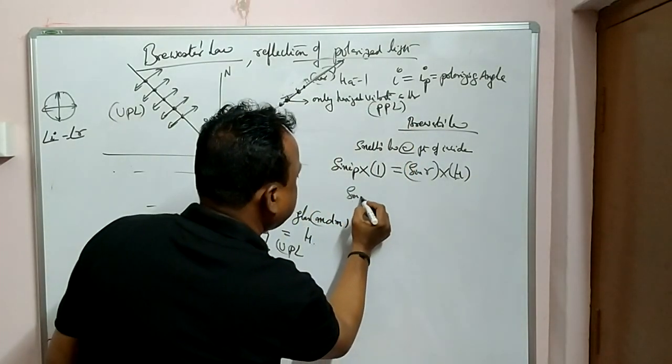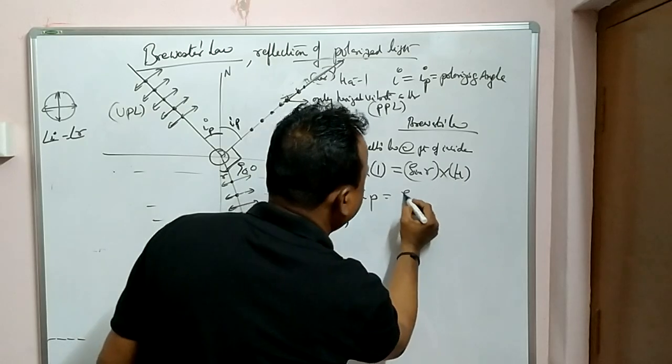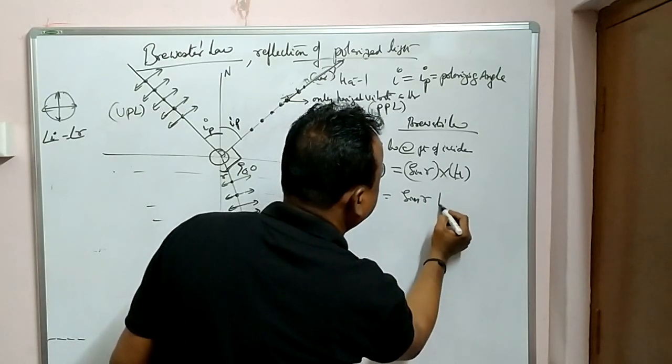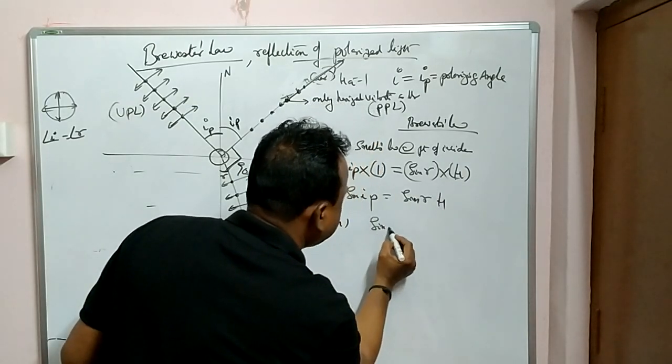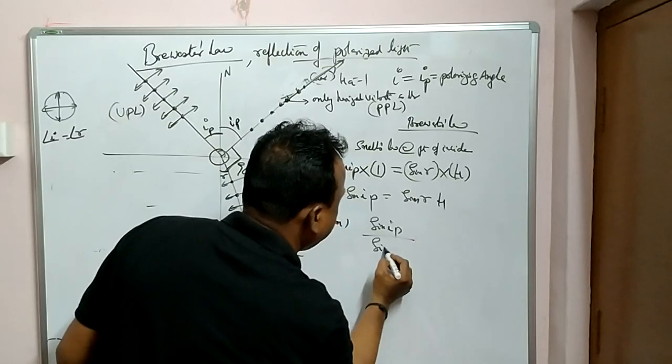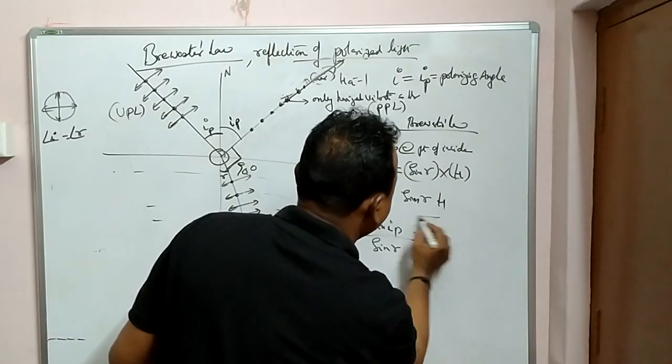Therefore, sin IP is equal to sin R into mu, or sin IP by sin R is equal to mu.